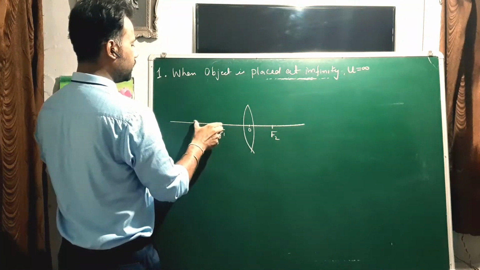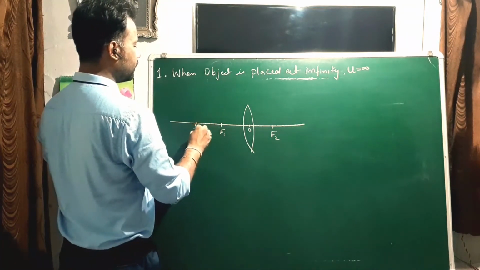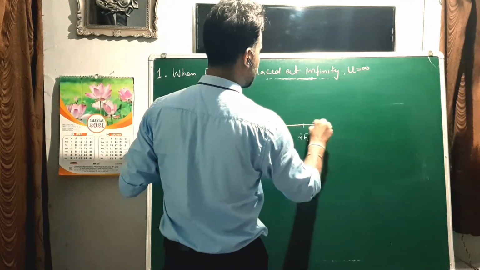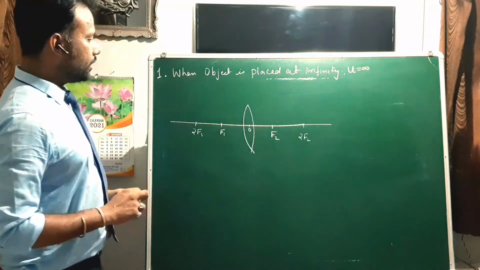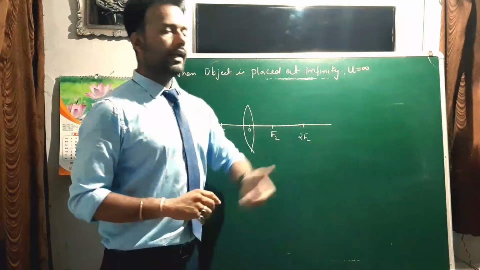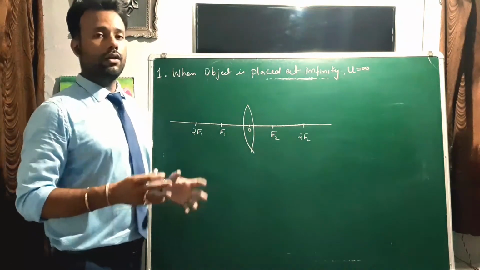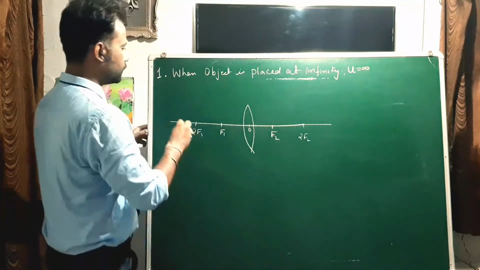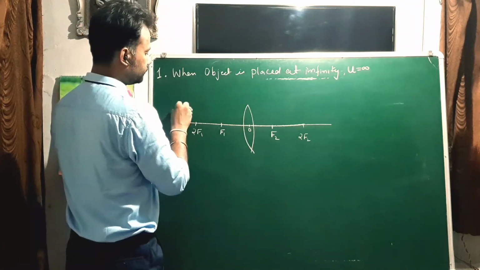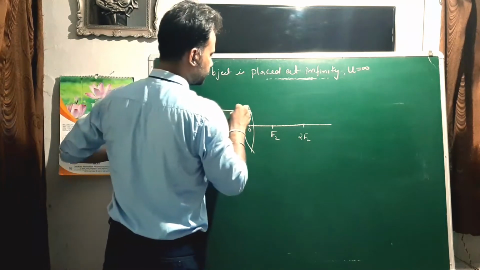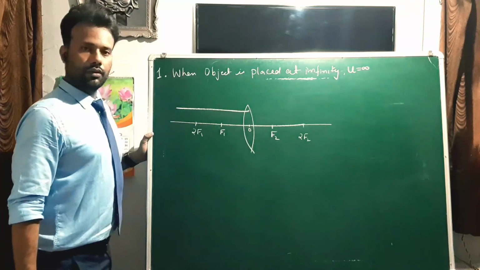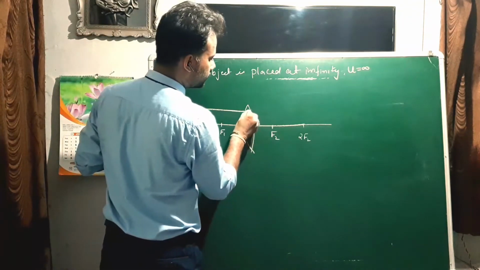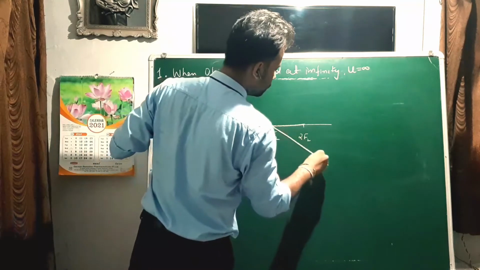Here we can take one more distance, twice f1, and here it will be twice f2. Now when the object is placed at infinity, u is infinity, and the rays are always parallel to the principal axis. So the ray will come like this, and it will pass through the focus.